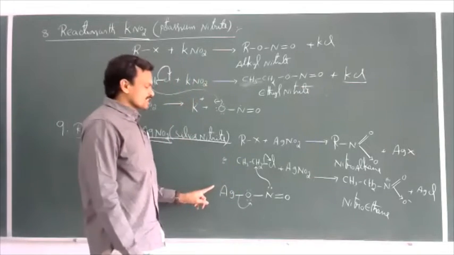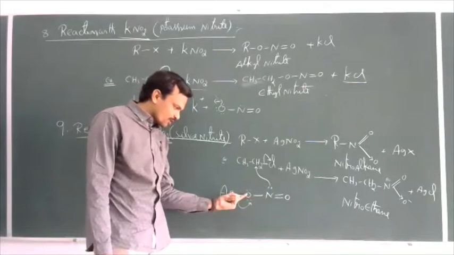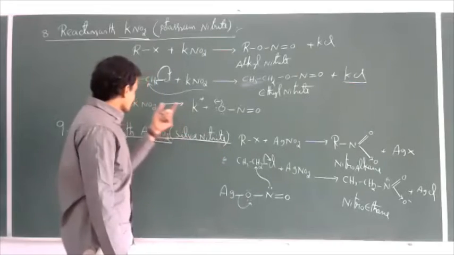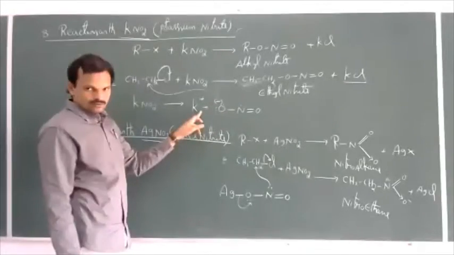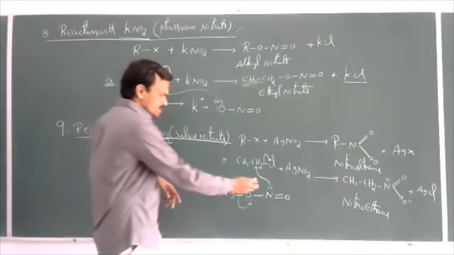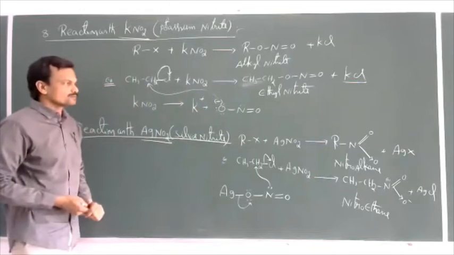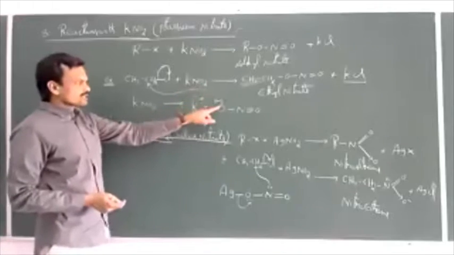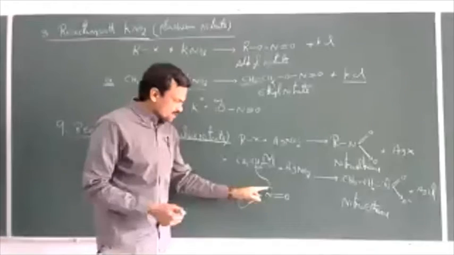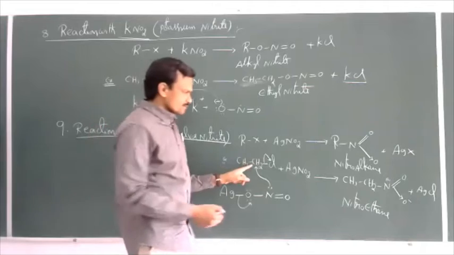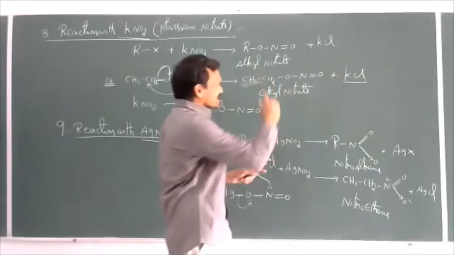Here the reaction takes place by covalent mechanism because the bond between silver and oxygen is predominantly covalent in nature, whereas the bond between potassium and oxygen is predominantly ionic in nature. So this reaction takes place by covalent mechanism, and this reaction takes place by ionic mechanism. In the ionic mechanism, oxygen can donate a lone pair of electrons, whereas in the covalent mechanism, nitrogen is free to donate a lone pair of electrons. So that's why we got a nitroalkane here, whereas alkyl nitrite here.